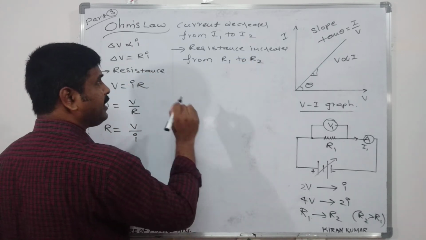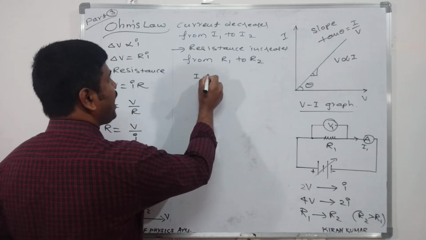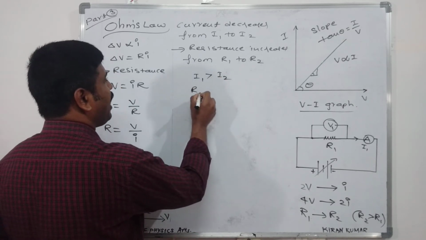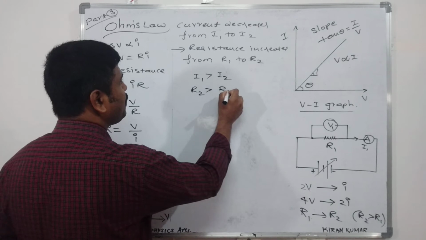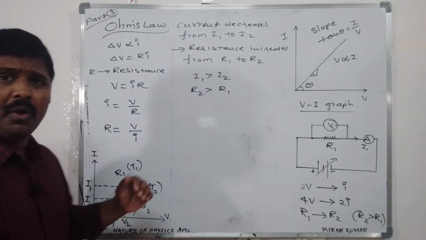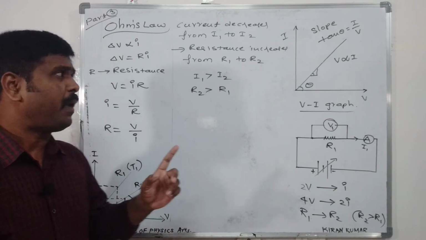So one thing we can understand here, I1 is greater than I2 and R2 is greater than R1. From the graph we can write the slope also.